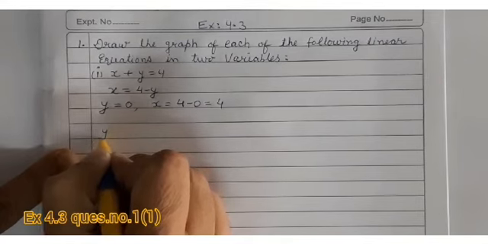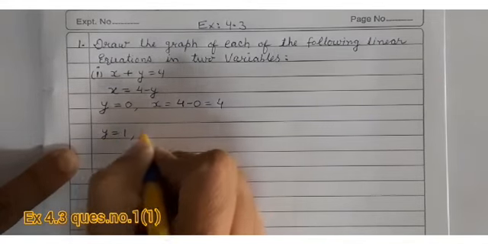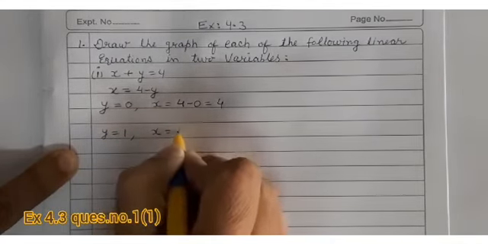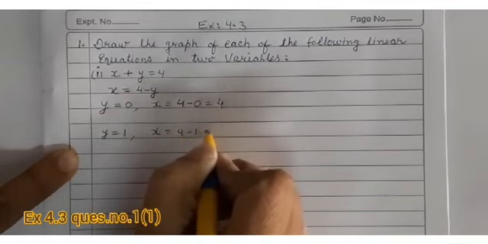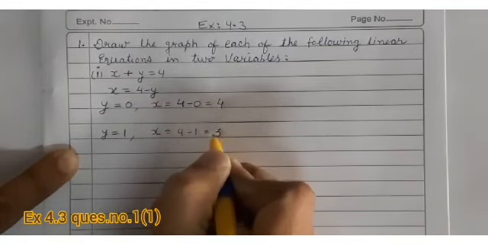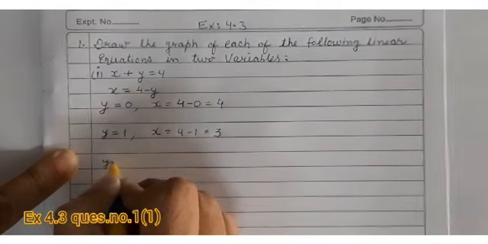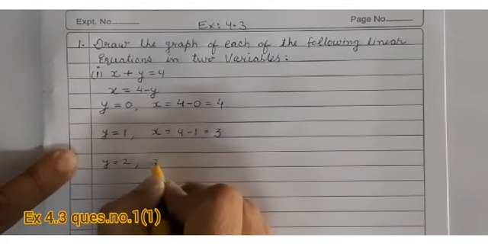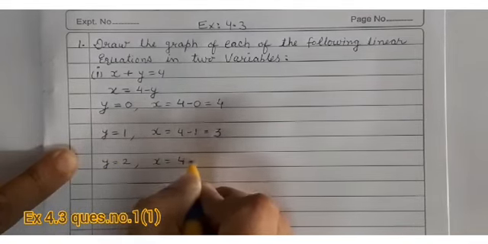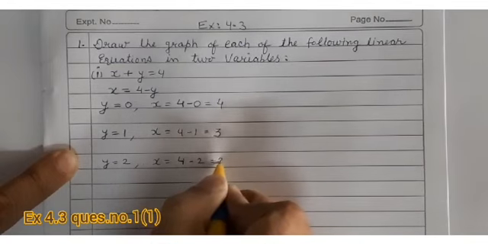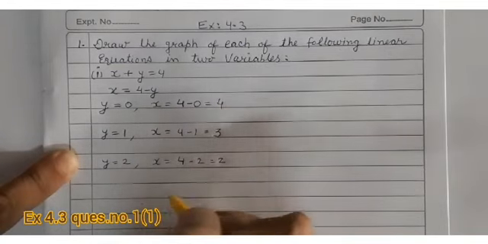If I take y is equal to 1, then x will be 4 minus 1, that is 3. If I take y is equal to 2, then x is equal to 4 minus 2, x is equal to 2.